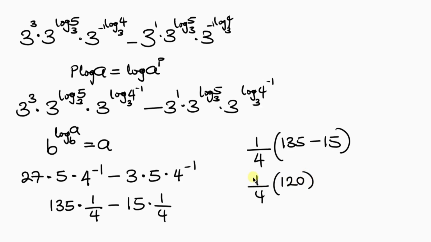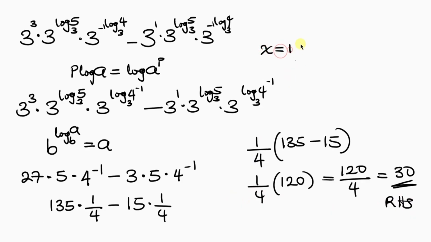So 1 times 120 is 120 divided by 4 gives 30 as a result. And this is equal to the right hand side. So our answer for x equal to 1 plus log 5 base 3 minus log 4 base 3 is actually correct.